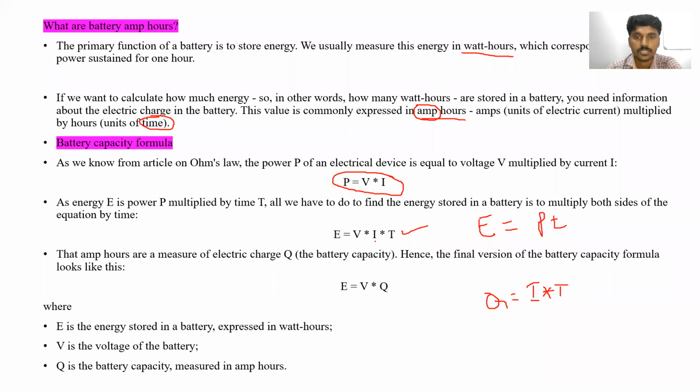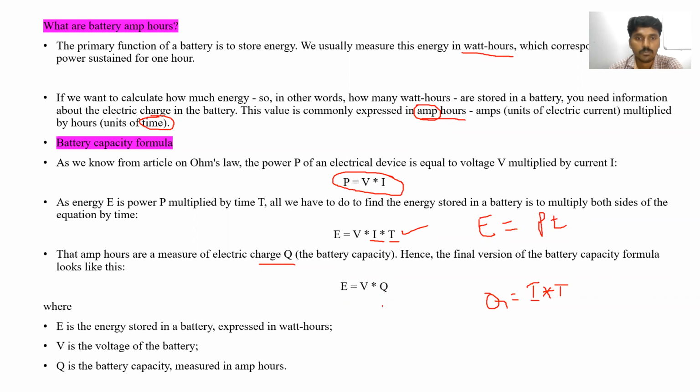I is amperes, T is hours. So we can replace I into T by Q and write E is equal to V into Q.